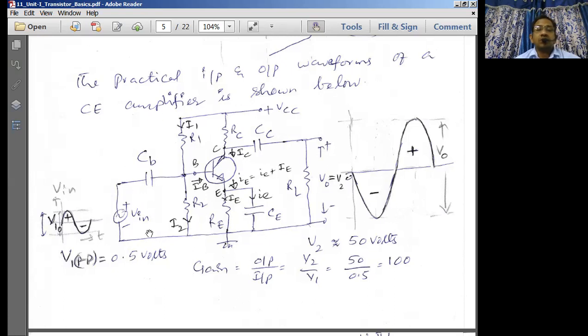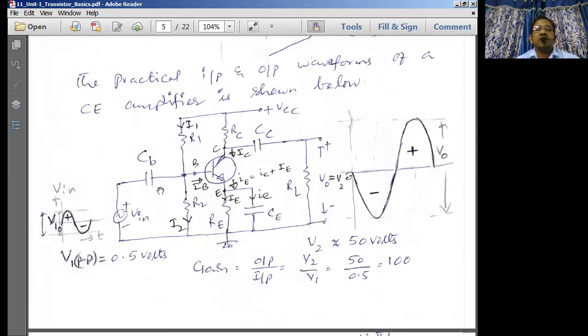R1, R2 are known as the biasing resistors, to provide forward bias to the input junction. Then what is the purpose of RE? RE is known as the thermal stabilization resistor. This RE is normally used to keep the Q point at the center of the active region irrespective of the temperature changes in the circuit because of the input signal. Then what is the purpose of CE? CE is known as the bypass capacitor.